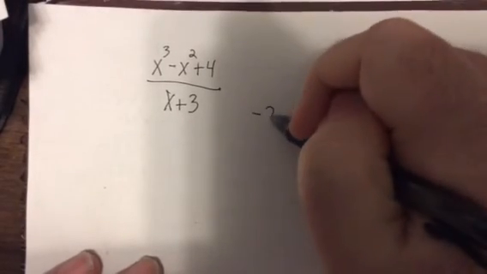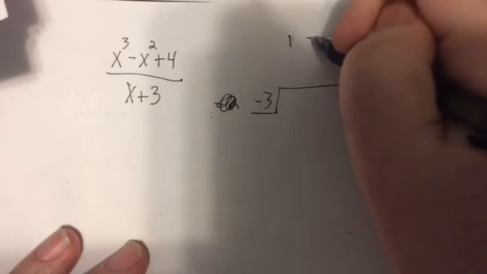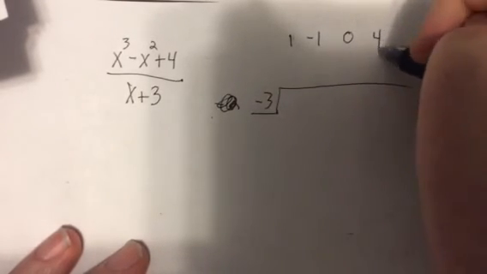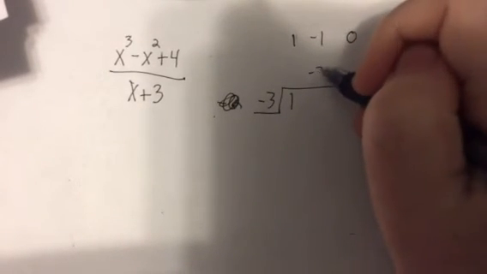Okay, go ahead here. Negative 3. 1. Negative 1. Oh, 4. So it's bring down, multiply, add.